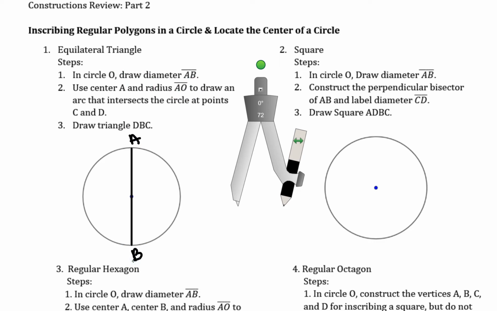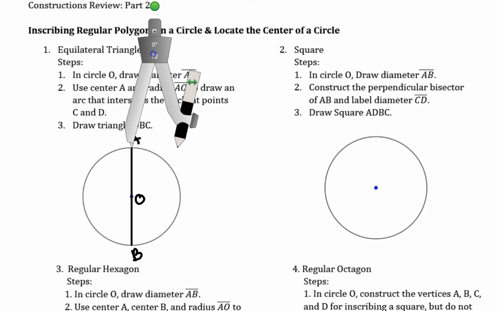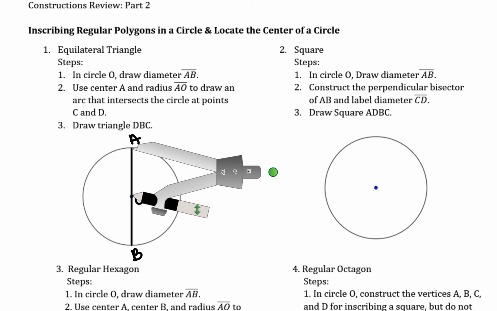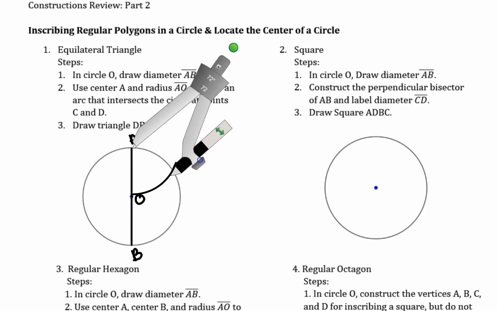Now I'm going to use center A and radius AO, where O is the center of the circle, to draw an arc that intersects the circle at what we'll call C and D. Okay, so I'm starting at center A. I should rotate this. Open the compass as far as the center O and construct an arc.